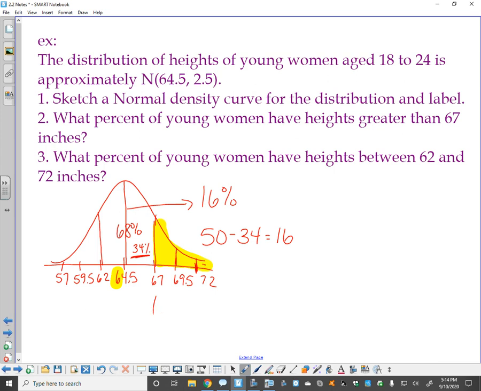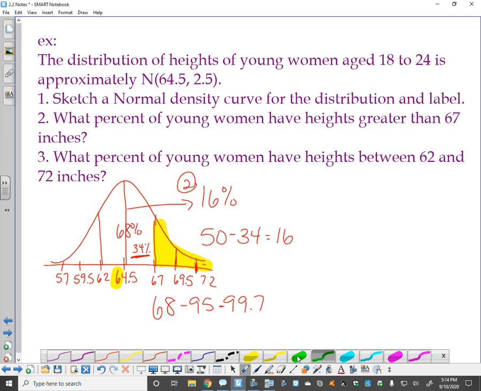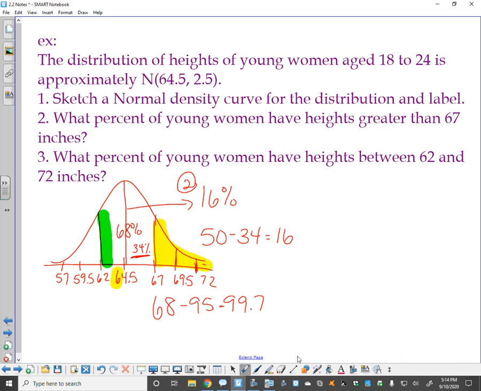And remember, I just want you to memorize the 68, 95, 99.7 rule. I don't want you to sit here and feel like you have to memorize every single compartment. If you know the 68, 95, 99.7, you can piece together the rest. So there's number 2. Number 3, between 62 and 72.